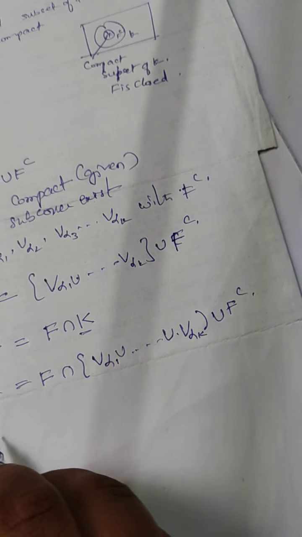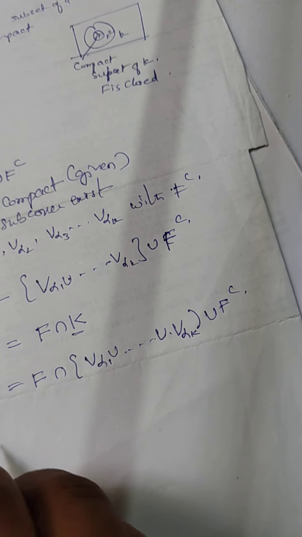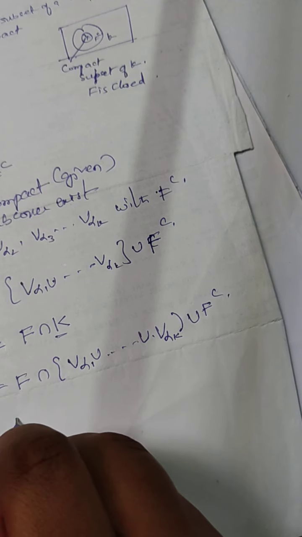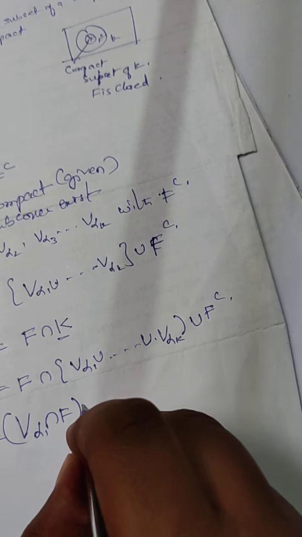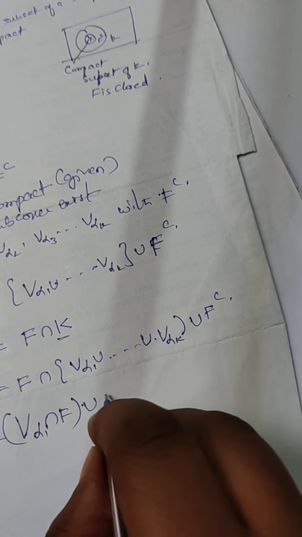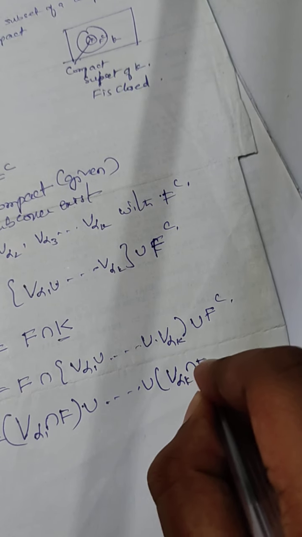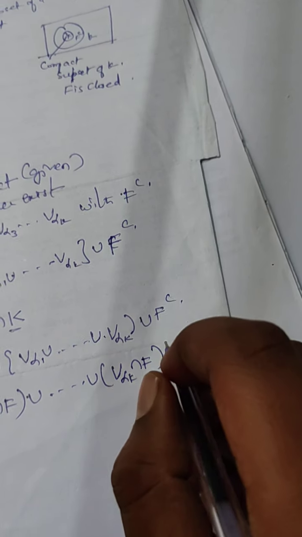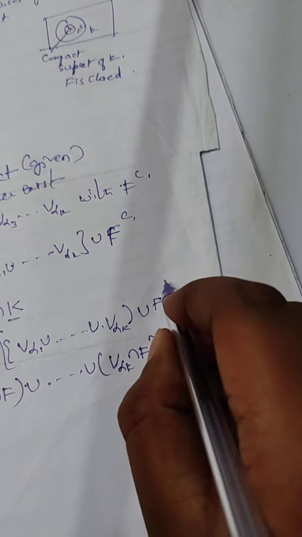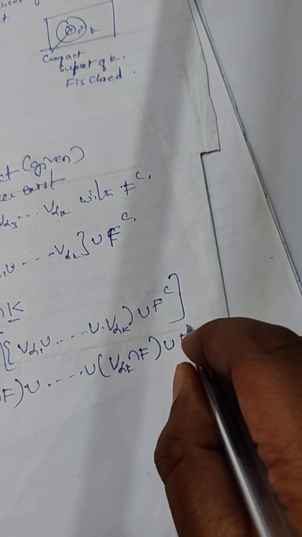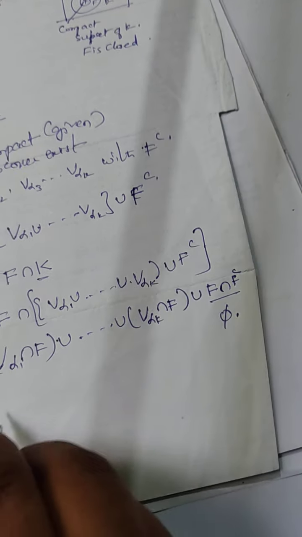Hence from this we can write F is equal to V alpha 1 intersection F union, so on, union V alpha k intersection F, union, we get phi for that.